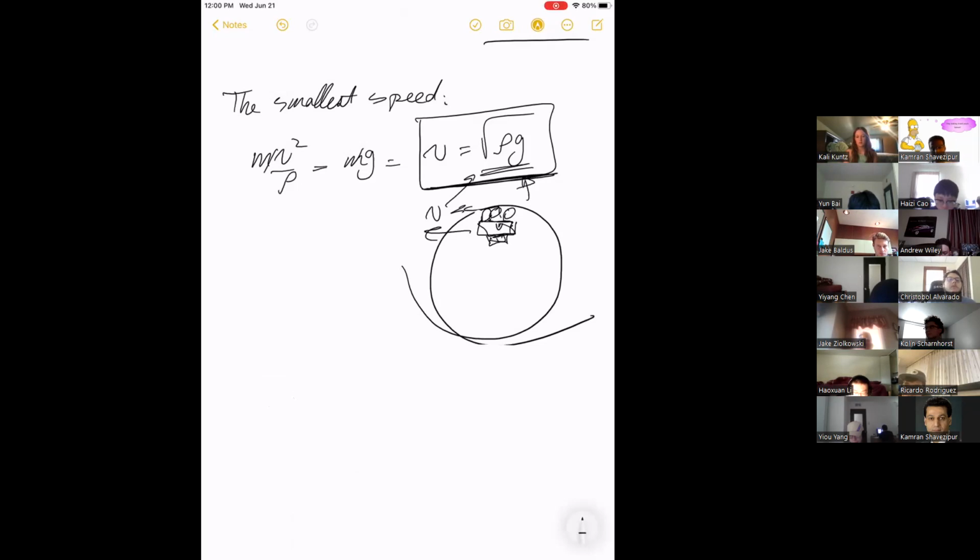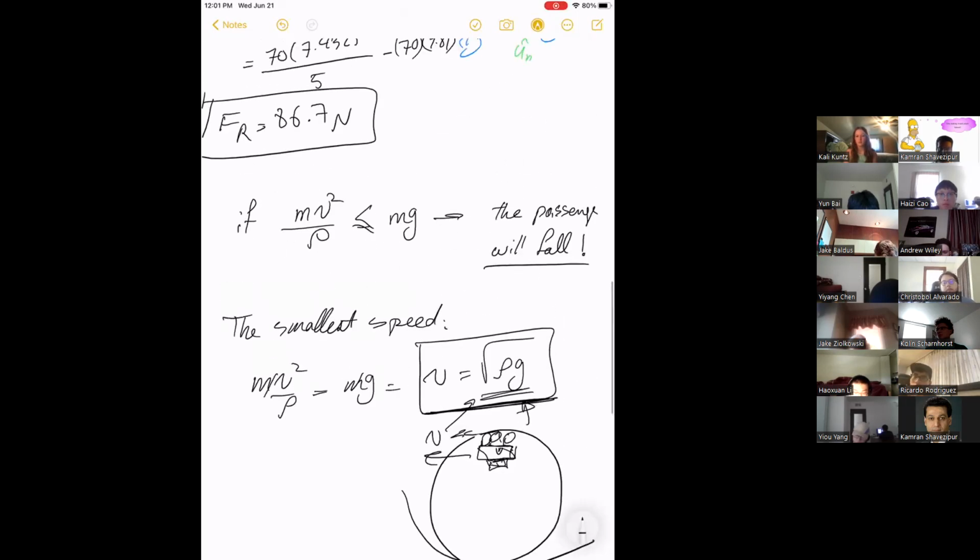So you may want to go slightly above that for a safety factor, to make sure there's enough compressive force between the base and the vehicle or the passenger, whatever you name it. Does that make sense? Any question about this problem? Okay, let's go back to slides, do another one.